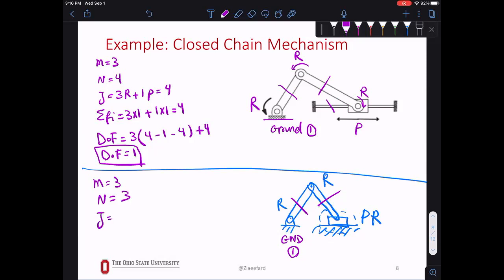What is J? You have 2R plus 1 PR. So you have 3 joints, but when you look at sigma f, it's 2 times 1 plus 1 times 2 because PR has 2 degrees of freedom, like a cylindrical joint. Now, if you find the DOF from the formula, you'll still get 1.